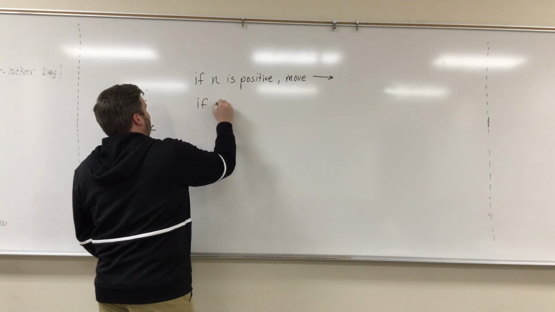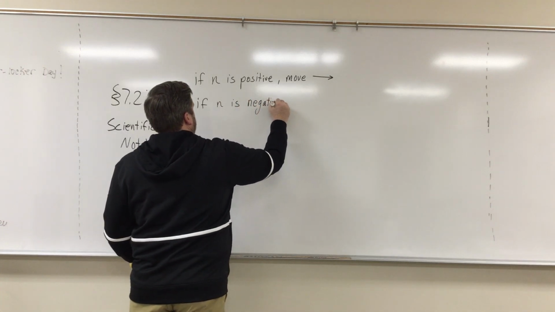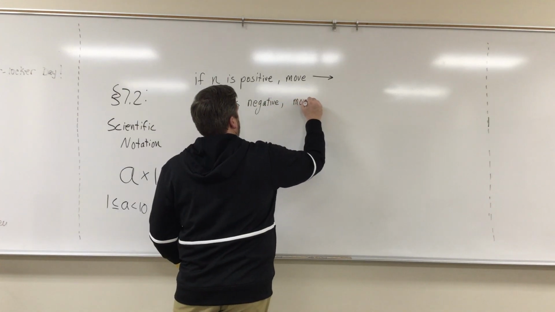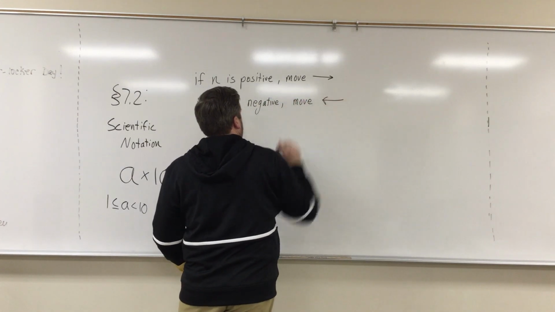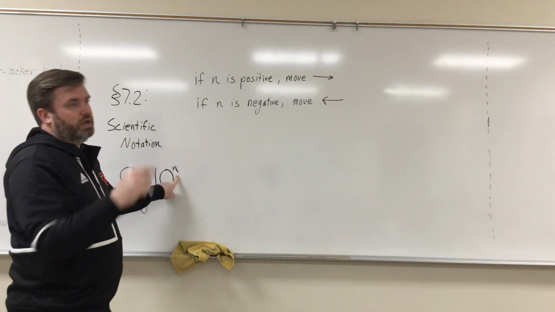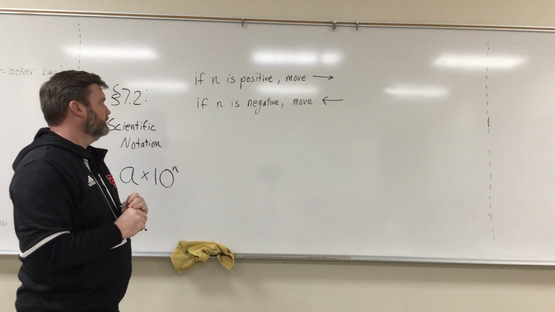If n is negative, you're going to move the decimal to the left, right? So if n is positive 4, 4 to the right. If n is negative 12, 12 to the left, okay?